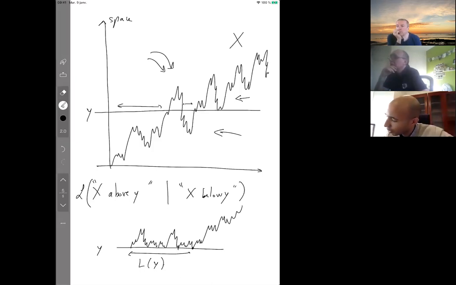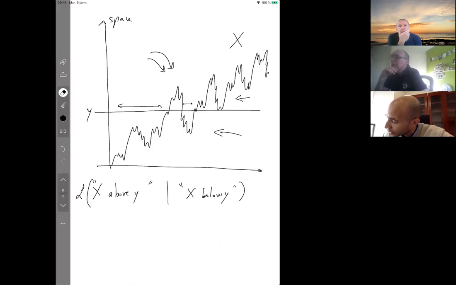So maybe I can make a picture with loops instead of this process x. What did I do here?